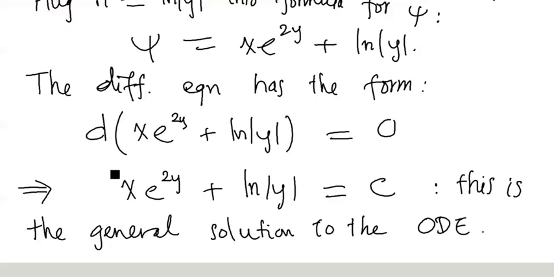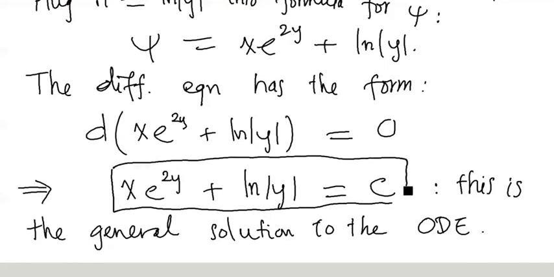This is an implicit solution. Of course, if we are given an initial condition, then we can use that to determine C.